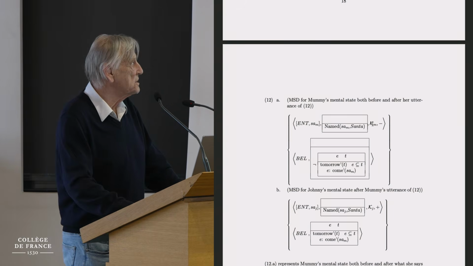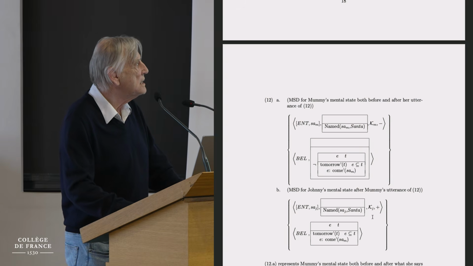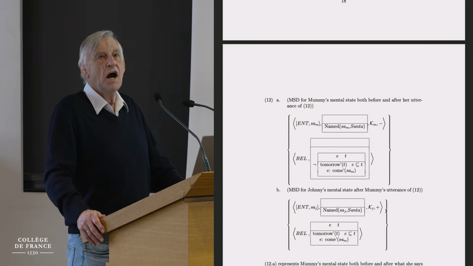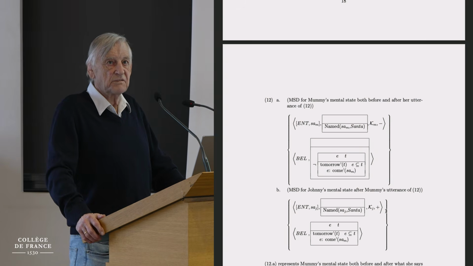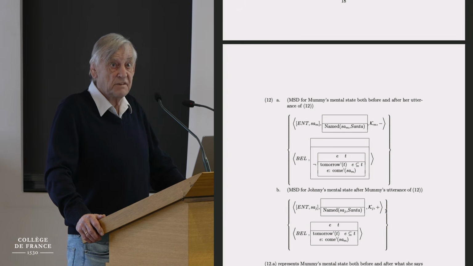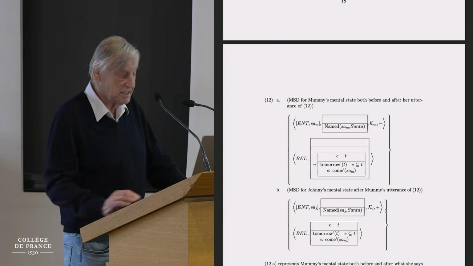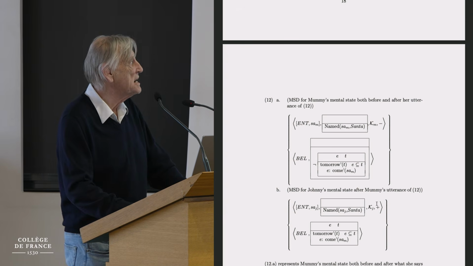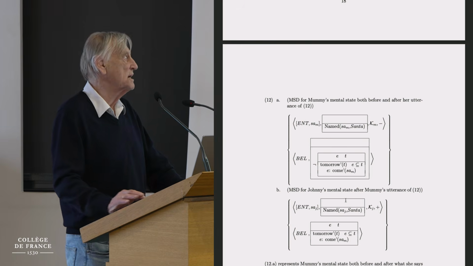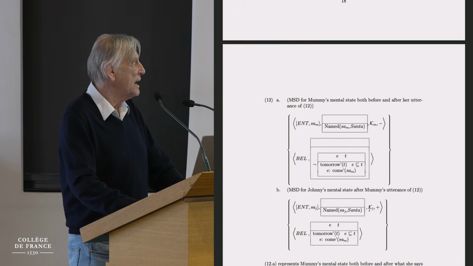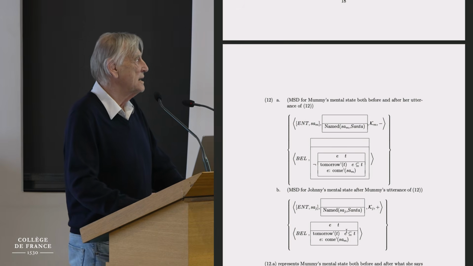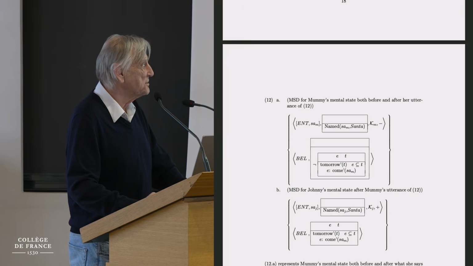And Johnny, on the other hand, has a real entity representation for Santa. It's a wrong one. It's defective because there is no Santa, but he doesn't know that. So he handles his entity representation for Santa as a representation of a real thing.